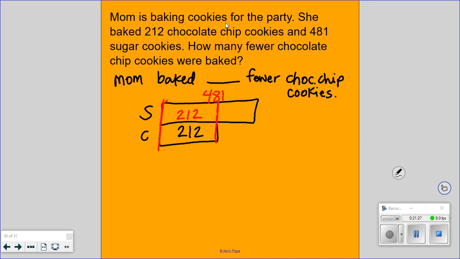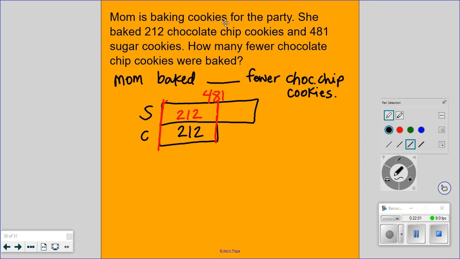Nope, that is where the more is. We have 212 plus some more. Archer, what do you think? Avery, what do you think? Is it on the other side? Nope. Art, what do you think? The fewer is on the left for the 212. Over here? No, over there. Over here? Uh-huh. Yes.